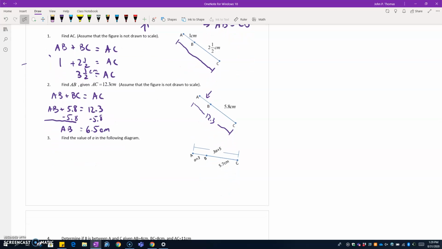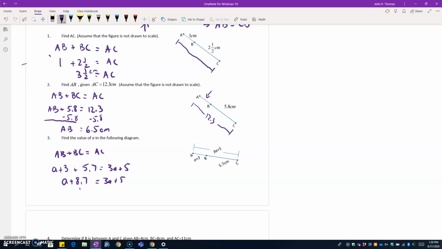Now, a lot of times I shift into algebraic problems on these. In 3, you'll notice we've got a similar setup. We're going to take AB plus BC equals the total length AC. So in this case, that's A plus 3 plus 5.7 equals 3A plus 5. If I clean this up a little bit, I've got A plus 8.7 equals 3A plus 5.